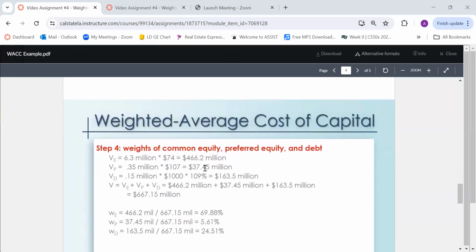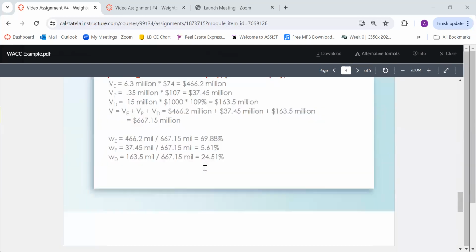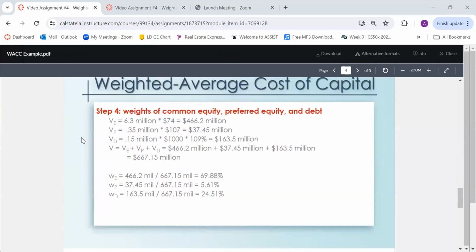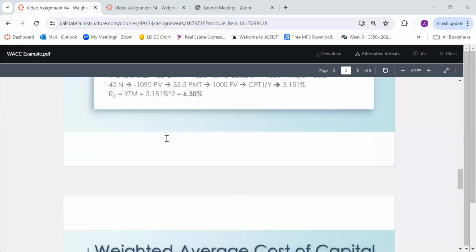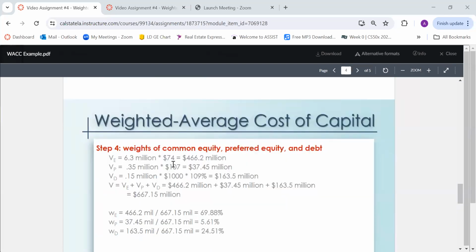Continuing on with the steps, the fourth step to figure out this question is to find the weights of these three that we just calculated up here. So we're going to calculate VE, VP, VD. So 6.3 million, we're going to pull all this information from here, of course. 6.3 million multiplied by $74, we're going to get 466.2 million.